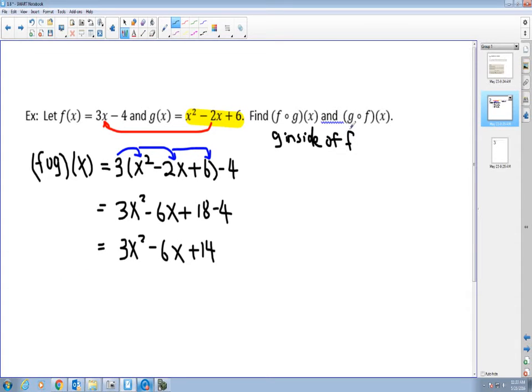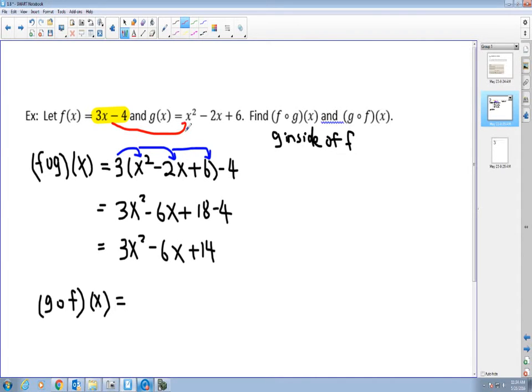Alright, now let's do it vice versa. Let's take function f, substitute into function g. So g of f of x. So this time I will do this in reverse. So I will take the entire function f, substitute into function g wherever I see a variable x.